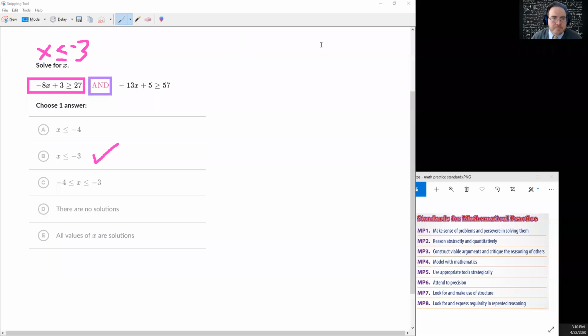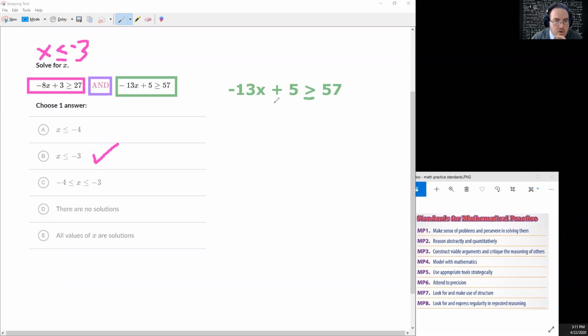So let's try this again. So with the other side, negative 13x plus 5 is greater than or equal to 57.